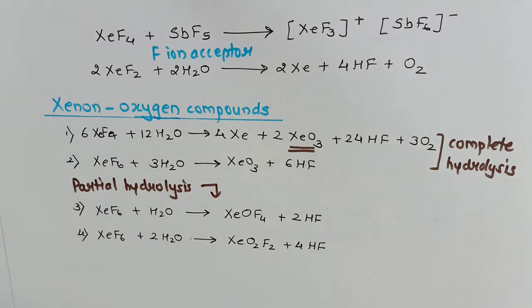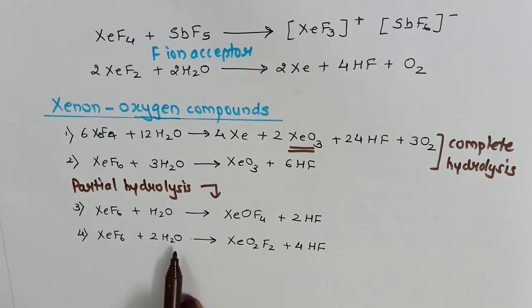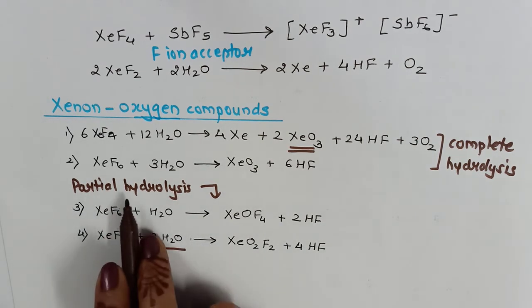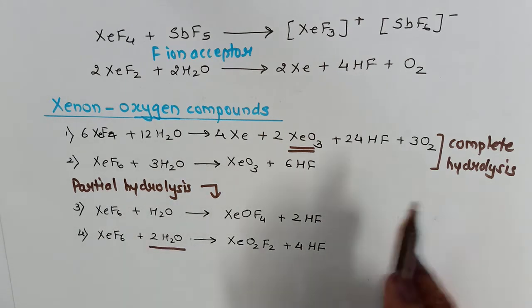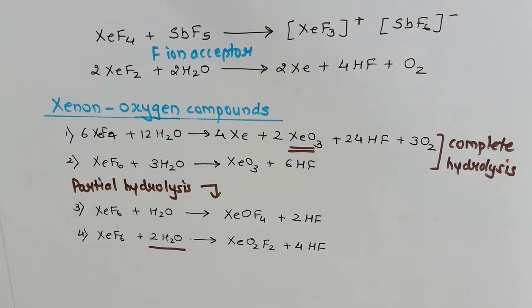Now how to identify the partial hydrolysis or complete hydrolysis? If it is a partial hydrolysis, the amount of water will be less. Generally when we are using 2H2O, we call it partial hydrolysis, and generally when we use 3H2O, we call it complete hydrolysis.